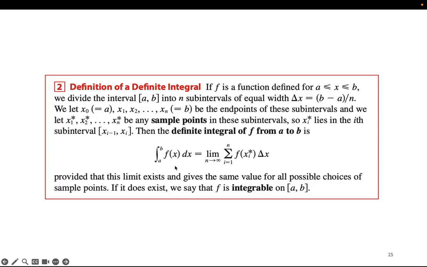This definite integral represents exactly this process of finding area using n rectangles and taking the limit.